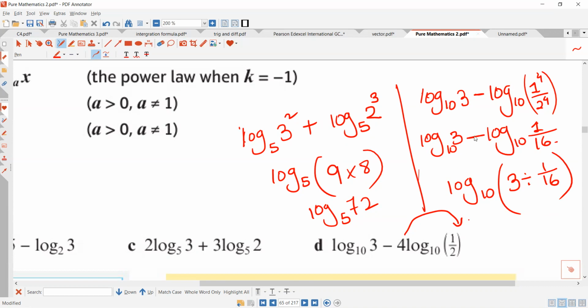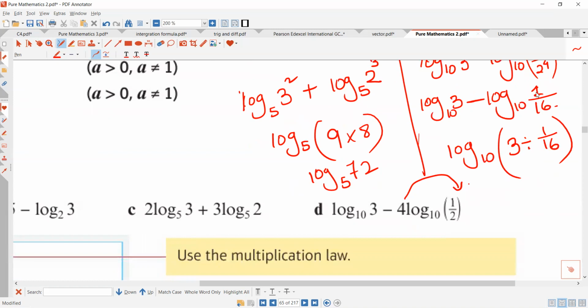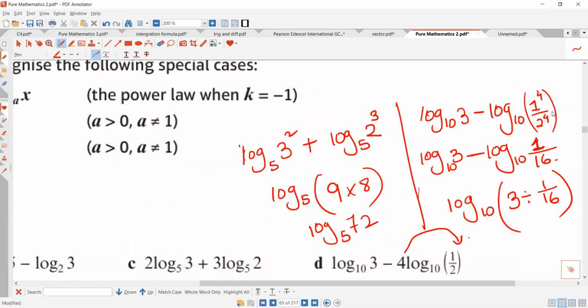They're dividing now. There is a minus sign here. So divided by 1/16, because this is 1 and 1/16 is 1 over 2 raised to 4. 1 raised to 4 is 1, and 2 raised to 4 is 16. So now 3 divided by 1/16.